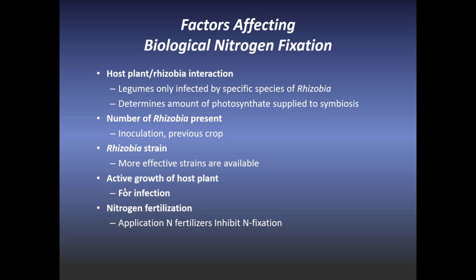The strain of rhizobia matters, both the genus and species and the specific strain, but even within the right genus and species, there are more and less effective strains of rhizobia. The host plant has to be actively growing for that infection to take place.